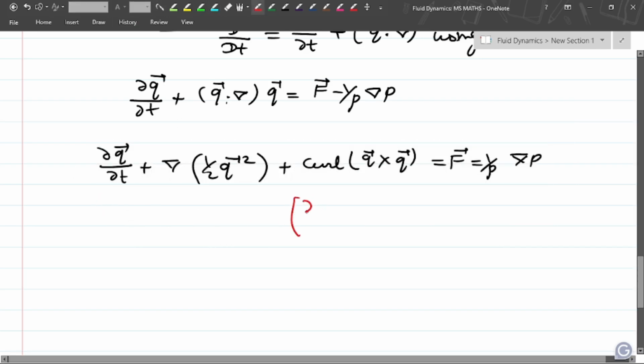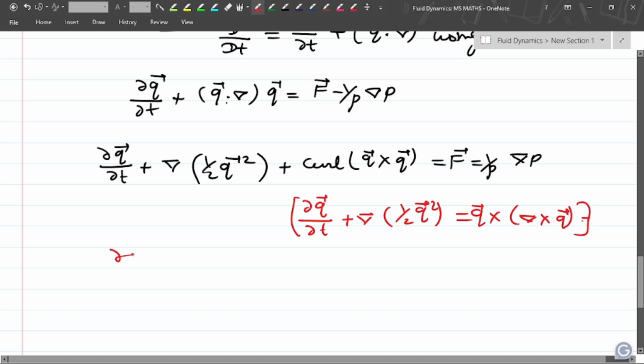The result is basically dou q vector by dou t plus del of 1 by 2 q vector square minus q vector cross curl q vector.